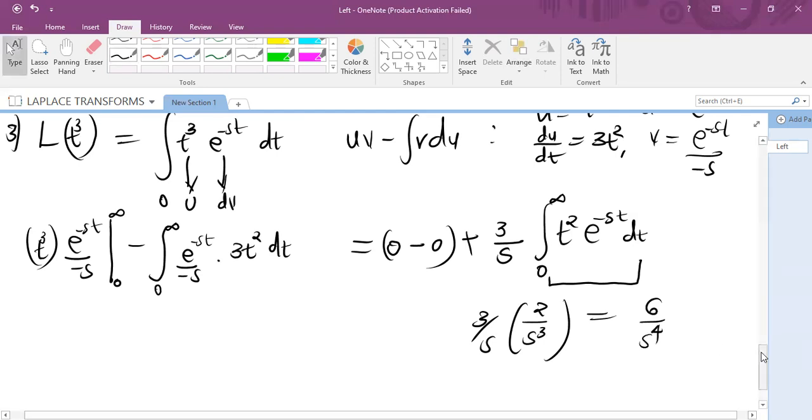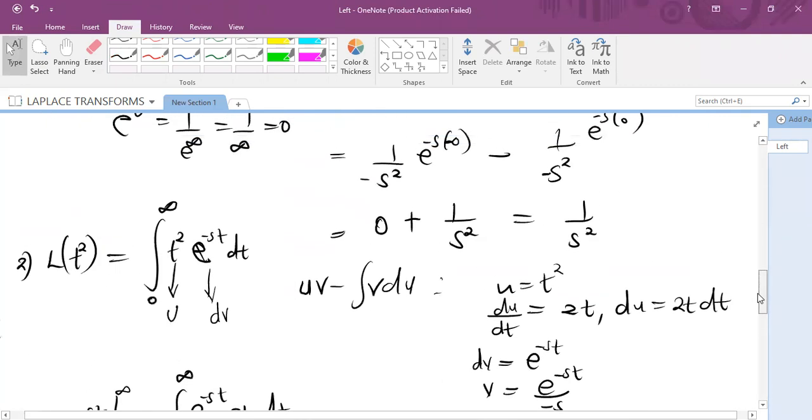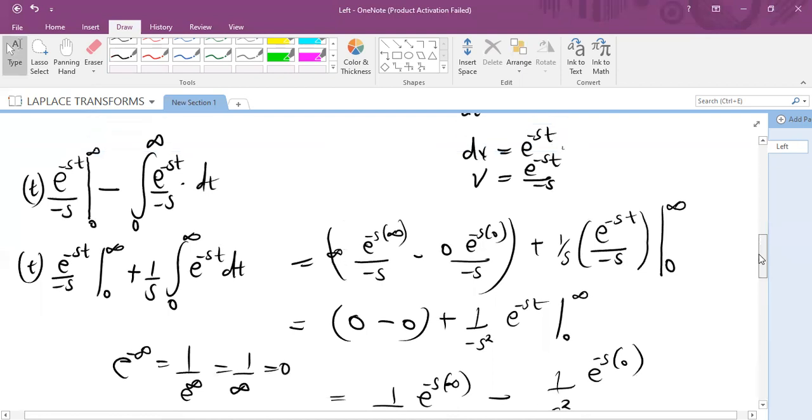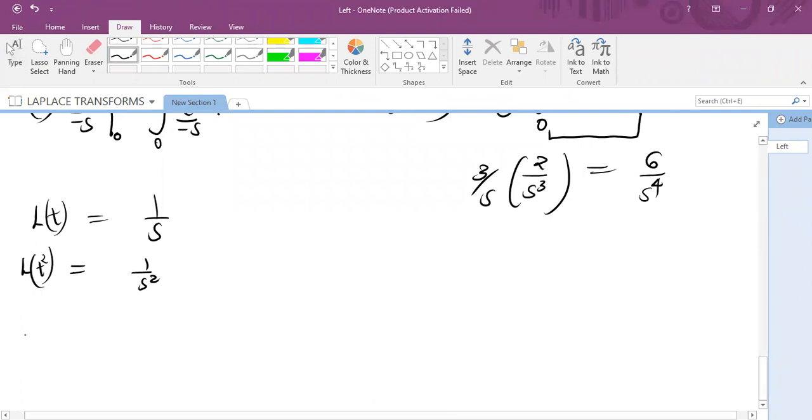Now I want to write all the answers side by side so that we see that there's a particular recursion formula. The Laplace transform of t, we got it to be 1 over s squared. The Laplace transform of t cubed is equal to 6 over s raised to power 4.